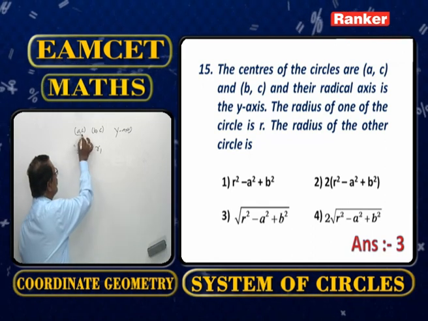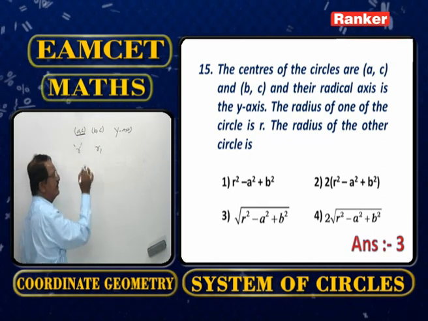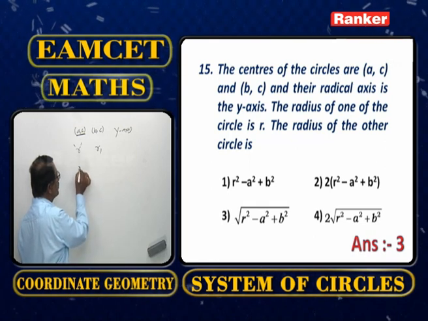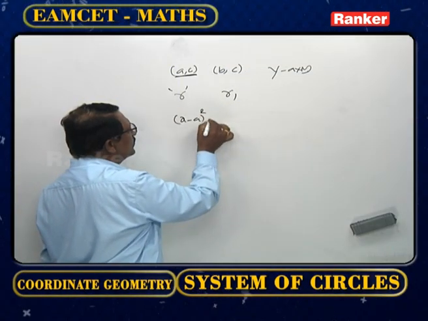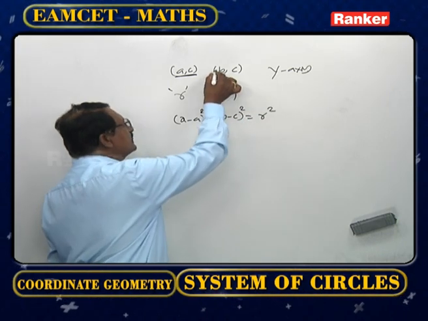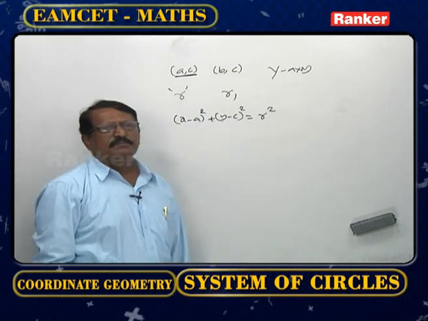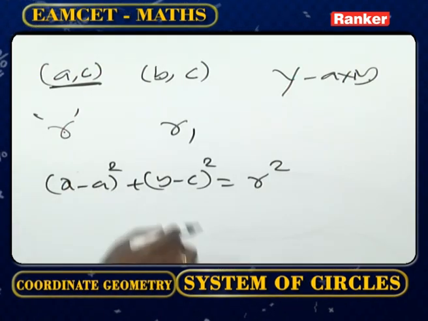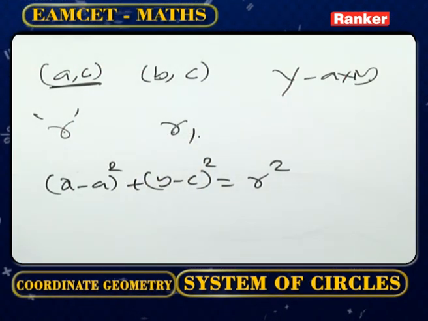Now the center of the first circle is (a, c) and its radius is r units. The equation of the circle is (x - a)^2 + (y - c)^2 = r^2. Similarly, the center of the second circle is (b, c), with radius r1, and we require the value of r1.